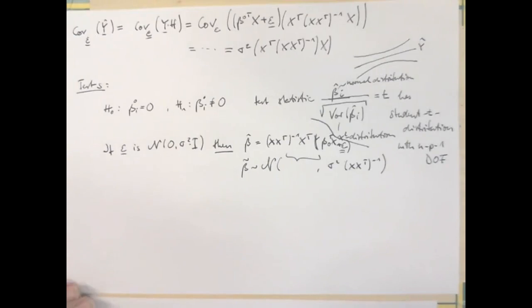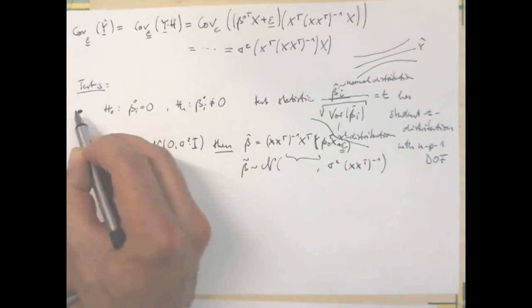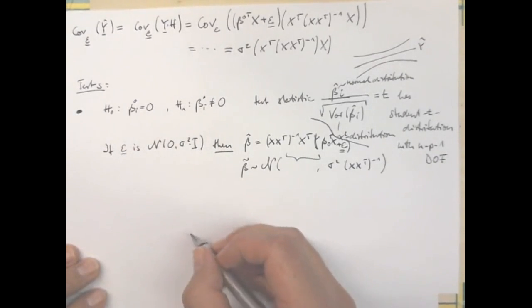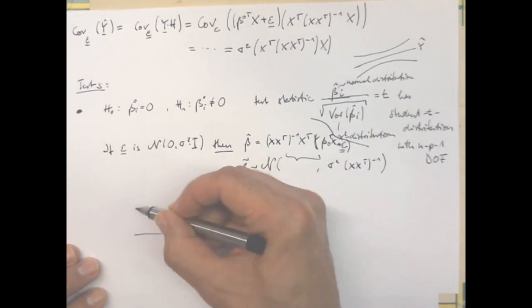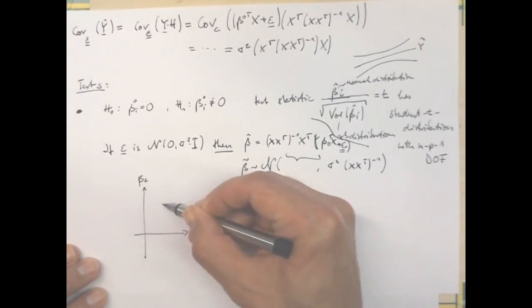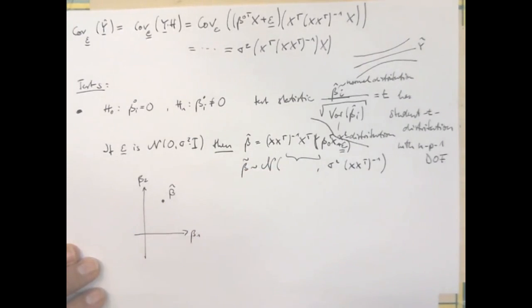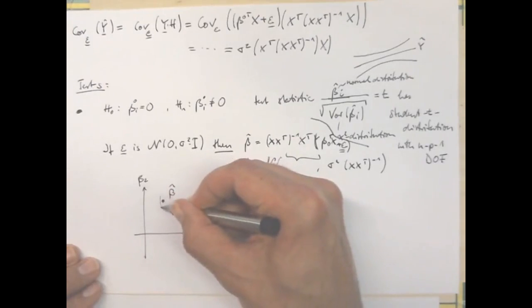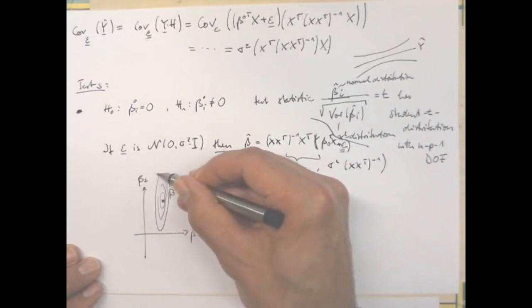Now, a result of this test is the following. Let's say that I found beta hat to be this, and my covariance structure looks like that.